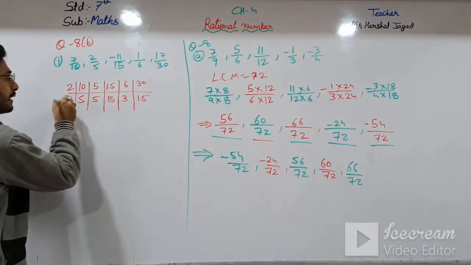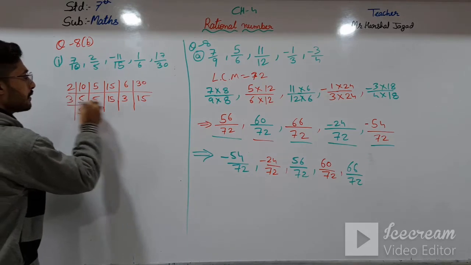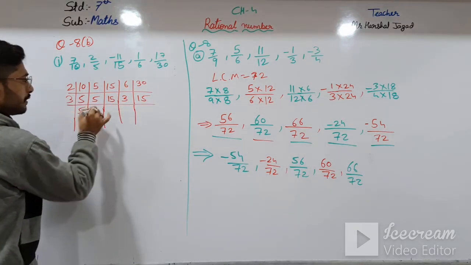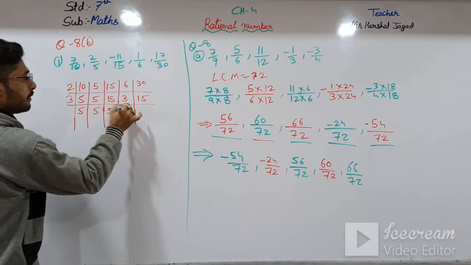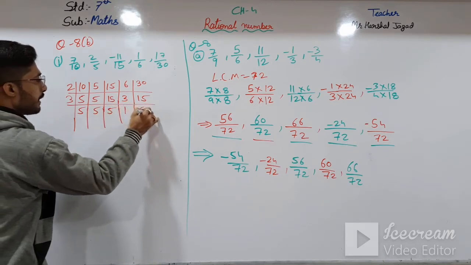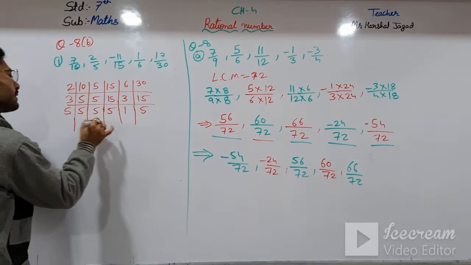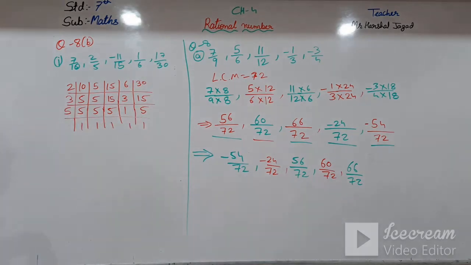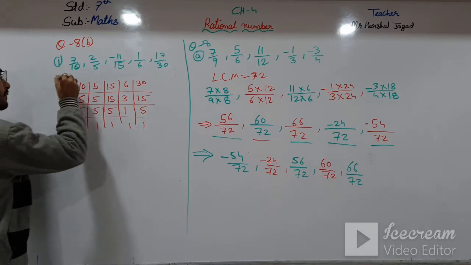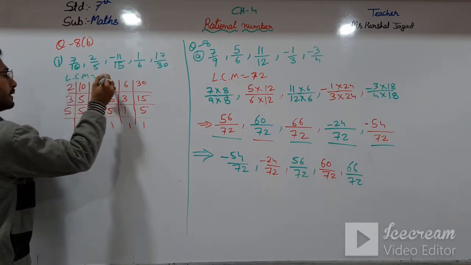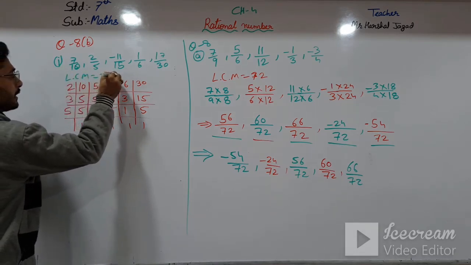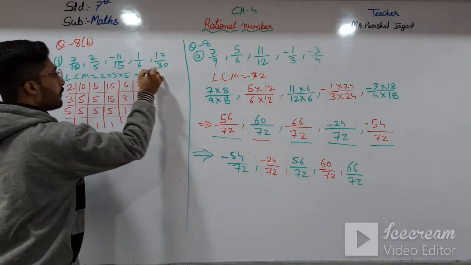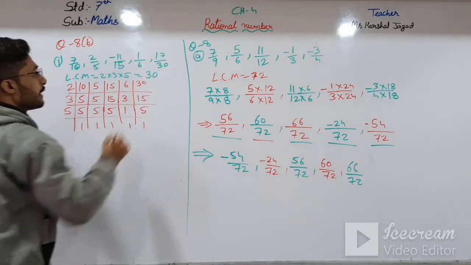Now with 3, 5 as it is, 5 as it is, 1, 3, 5. And at last 5 in the 5. So our LCM is equal to 2 into 3 into 5, that is 30.